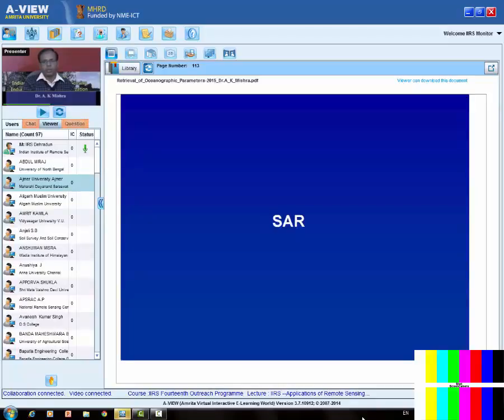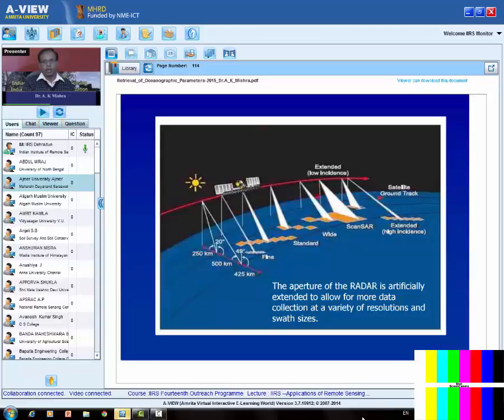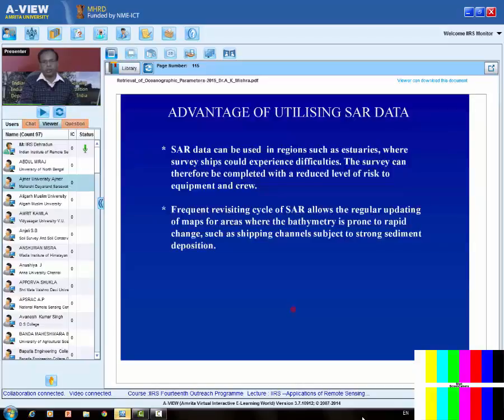And the synthetic aperture radar, now it is operating in many modes. The aperture of radar is actually extended to allow for more data collection at a variety of resolutions and swath sizes. So the advantage of utilizing SAR data is that SAR data can be used in regions such as estuaries where survey ships could experience difficulties.